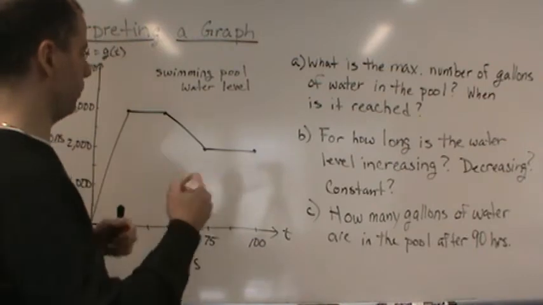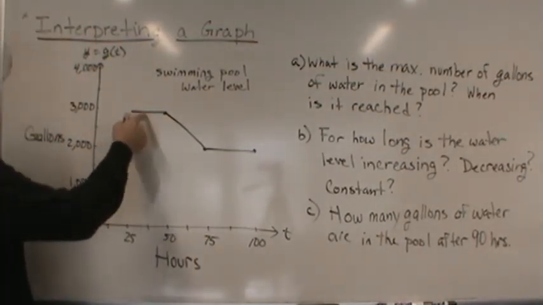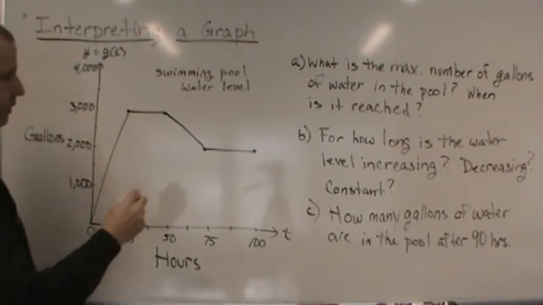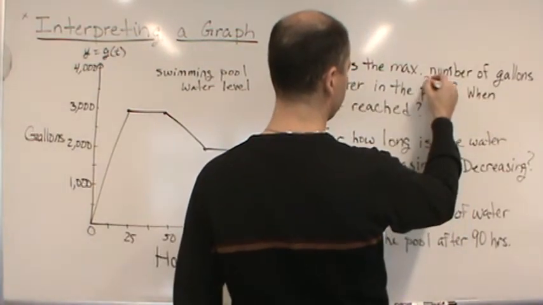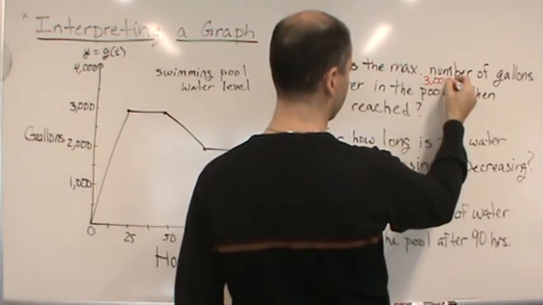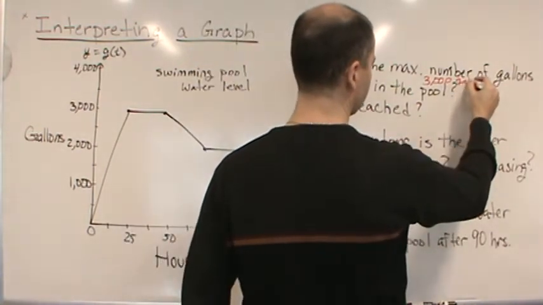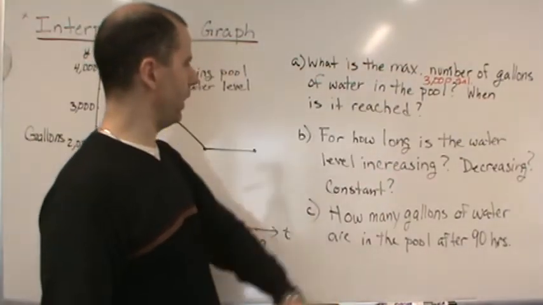The maximum gallons is going to happen right here, at 3,000. So the answer to this one is 3,000 gallons. And then the second part of that question is, when is it reached?